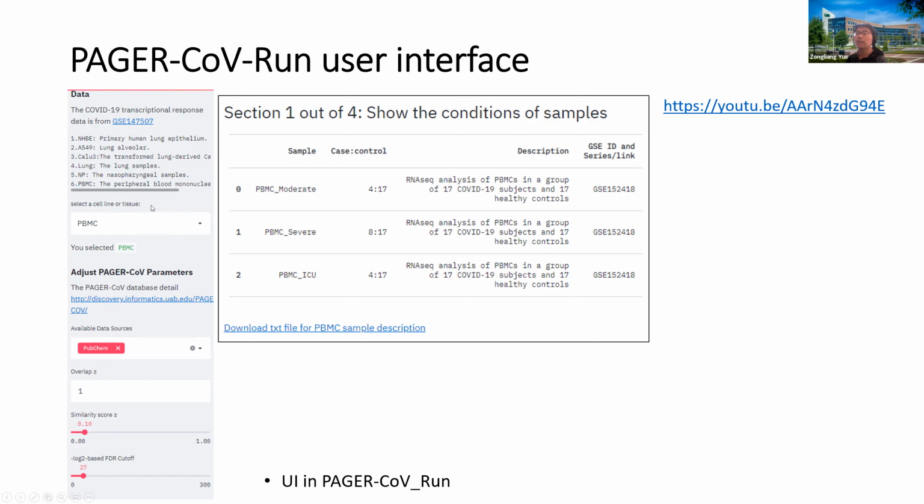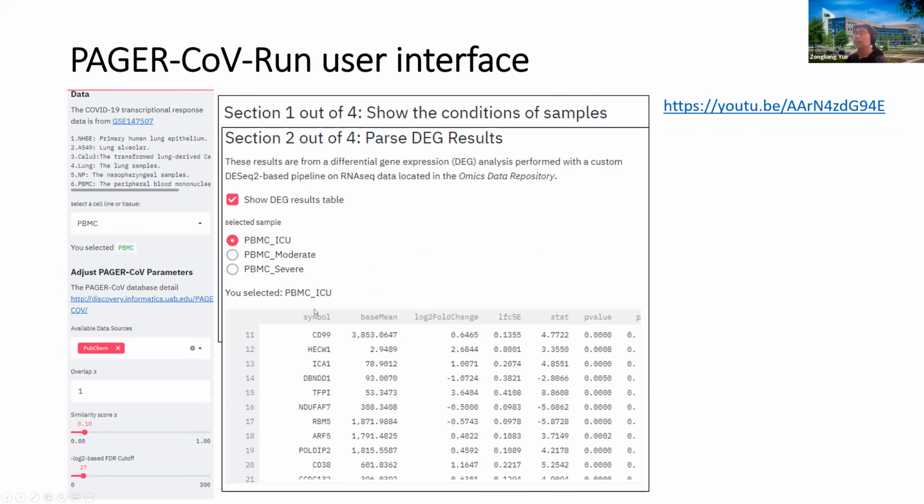select the tissues. I just use peripheral blood mononuclear cells as an example, and it will show you the condition of the samples, like moderate, severe, and ICU compared to the control, and the differentially expressed genes will be reported in this table.